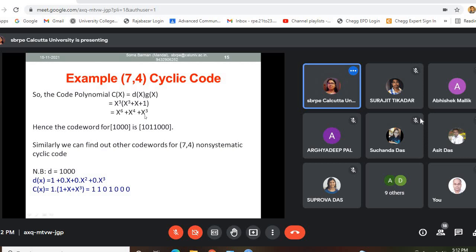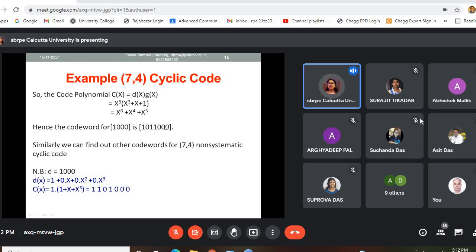The code will be, taking this as the LSB and this as the MSB: x to the power 0 coefficient is 0, x to the power 1 coefficient is 0, x square coefficient is 0, x cube is existing so its coefficient is 1, x to the power 4 is existing so 1, x to the power 5 is missing so its coefficient is 0, and x to the power 6 is existing so 1.